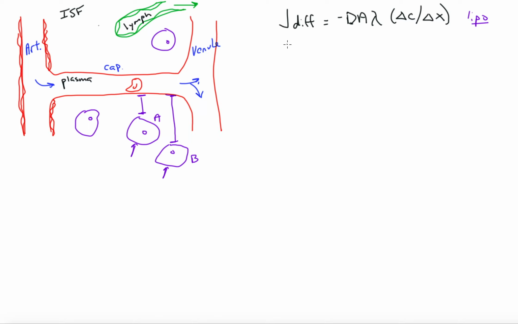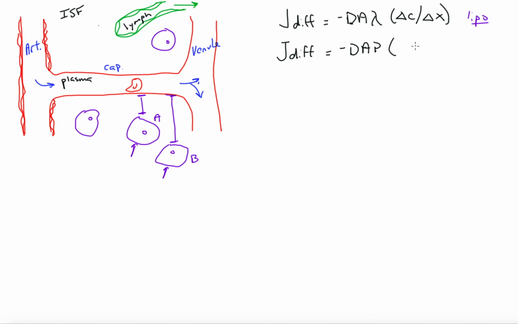Now, one element that makes it a little more complicated is if we have a hydrophilic solute, it can't go through the membranes. So we'd have to have a slightly different equation, and it's very slightly different. We're going to put in a variable, P, instead of lambda. Remember, if it's hydrophilic, then lambda is 0, in which case it can't go through the cells.